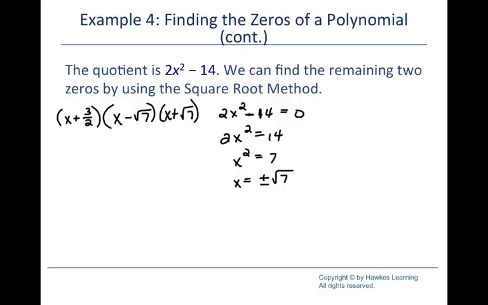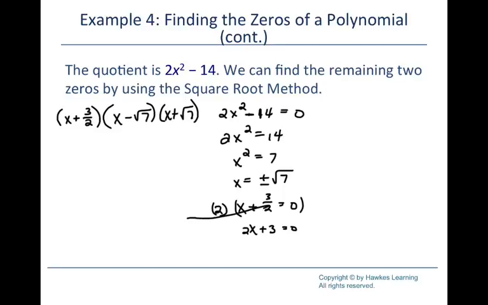And if we want to write the 3/2, again, you can figure out if we have x plus 3/2 equals 0, we can multiply everything by 2 here, and that'll be 2x plus 3 equals 0.